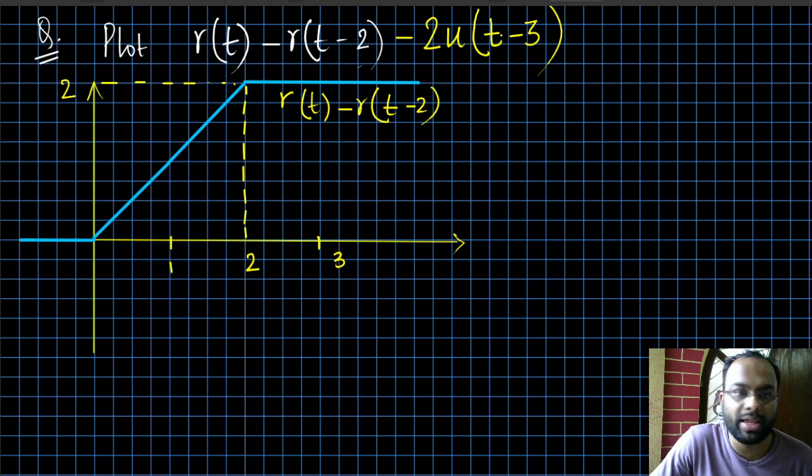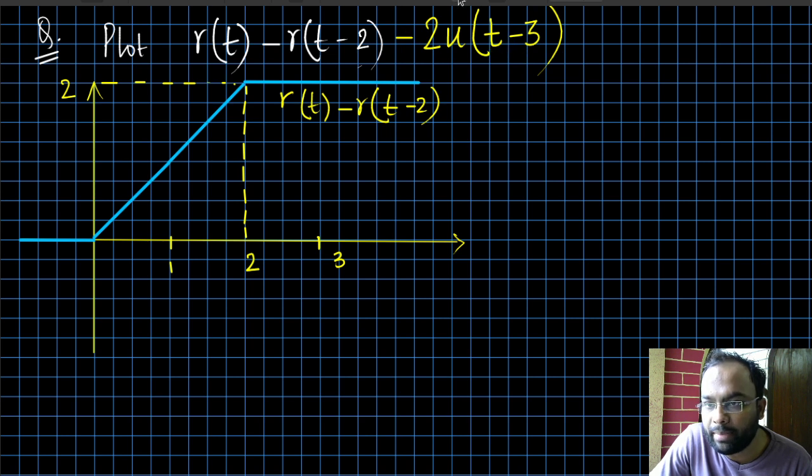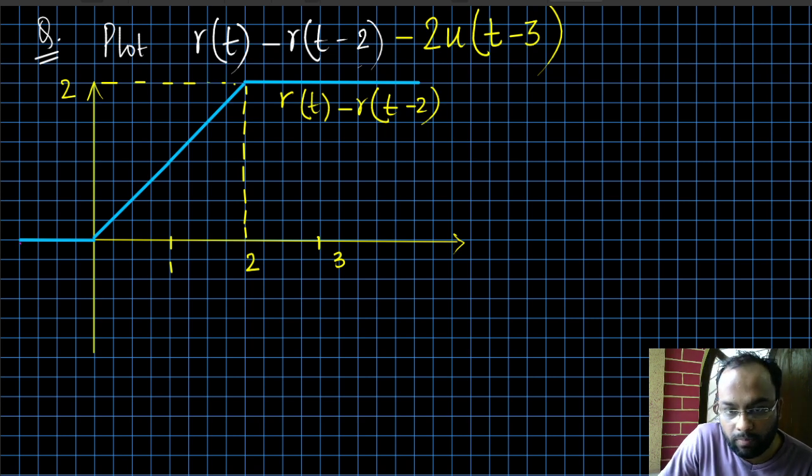Minus 2 u(t minus 3). This one is of course a step function at t equal to 3. So it's a delayed step, right? Right shifted by 3 seconds. And its amplitude is minus 2, right? So again, this one, minus 2 u(t minus 3), would look like this.